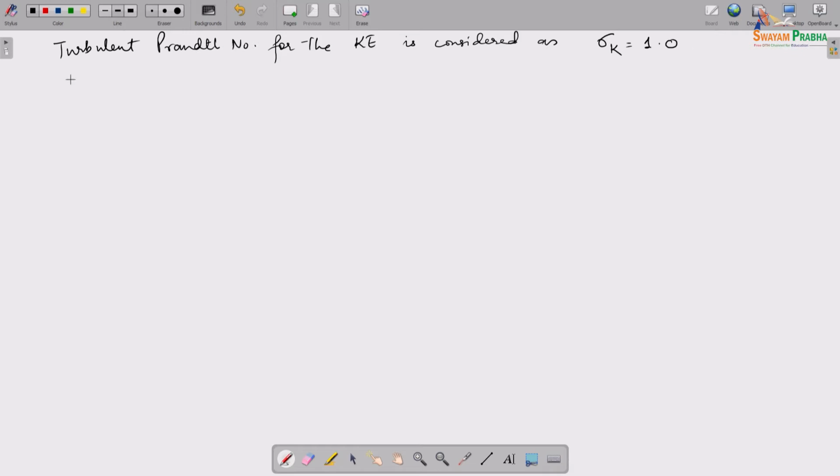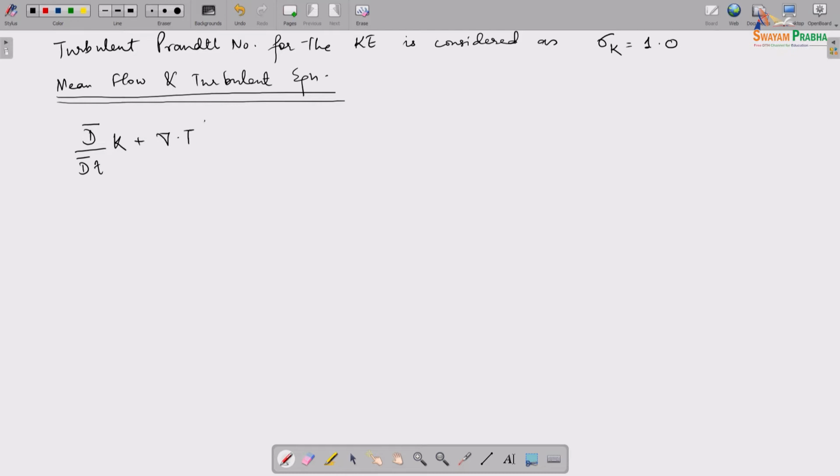Now, the mean flow and turbulent equation, and this was flux, production, epsilon, diffusion.